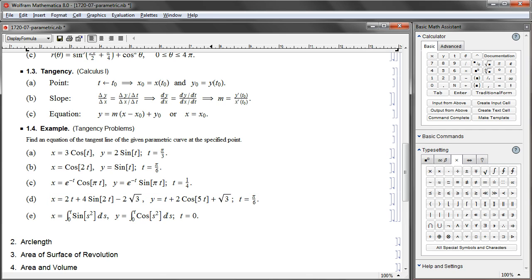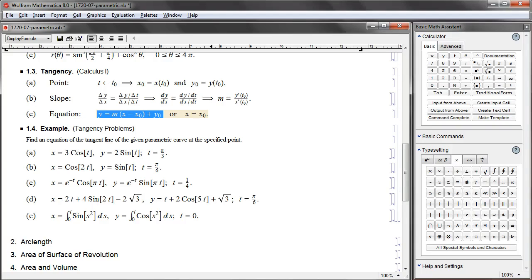That's how you get a point. If you have a point and a slope, then you can find an equation of the tangent line by the slope point equation like this. y equals m times x minus x naught plus y naught. We just found x naught and y naught by plugging in t equals t0. And if I find the slope, then you're going to get the slope point equation.